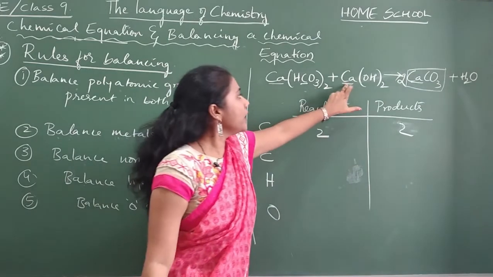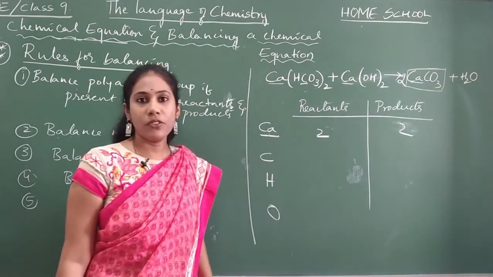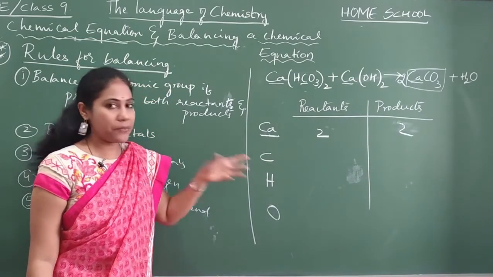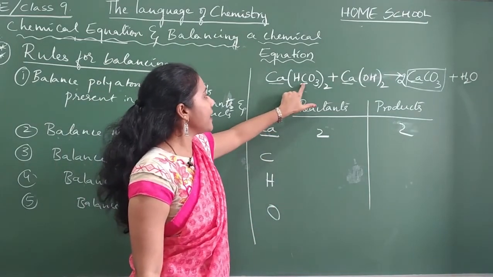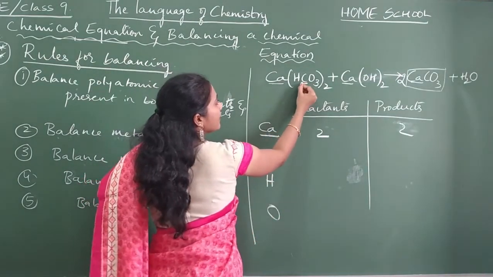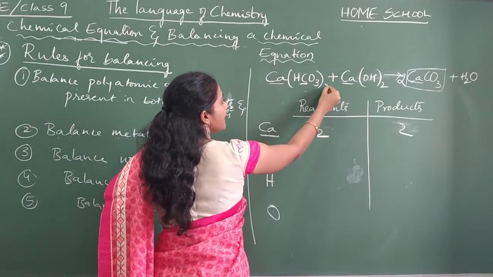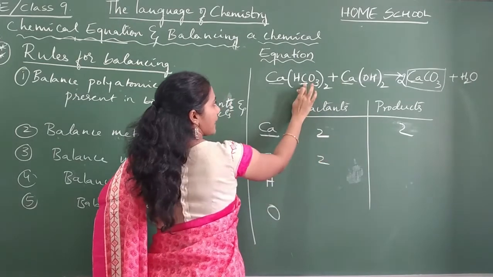Here we had 2 calciums. Now we got 2 calciums. Now let us talk about carbon. This is a non-metal. How many carbons are there on this side? The whole bracket is together 2. That means this 2 belongs to carbon also. It means there are 2 carbons, guys.